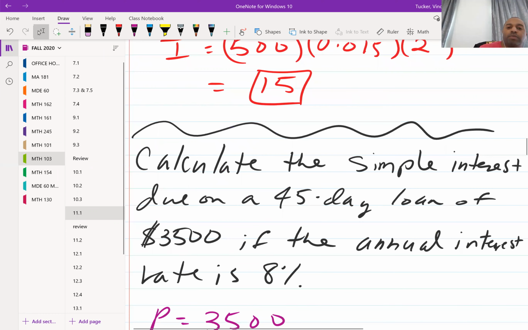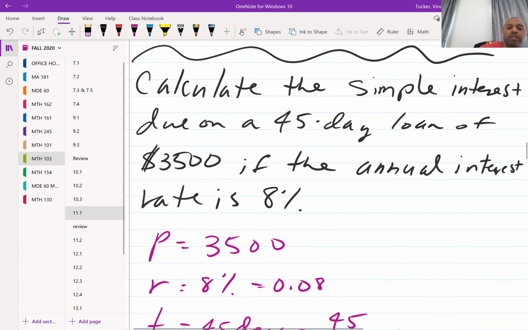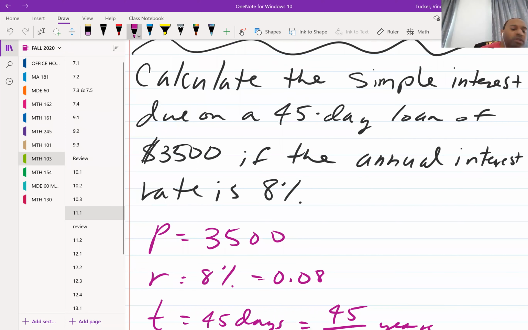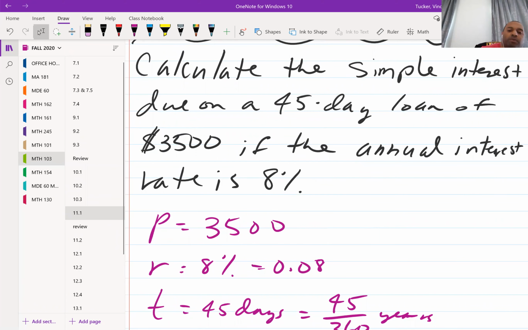Calculate the simple interest due on a 45-day loan of $3,500 if the annual interest rate is 8%. So it's an annual interest rate of 8%. All right, so P is 3,500, R is 8%, so it's 0.08.